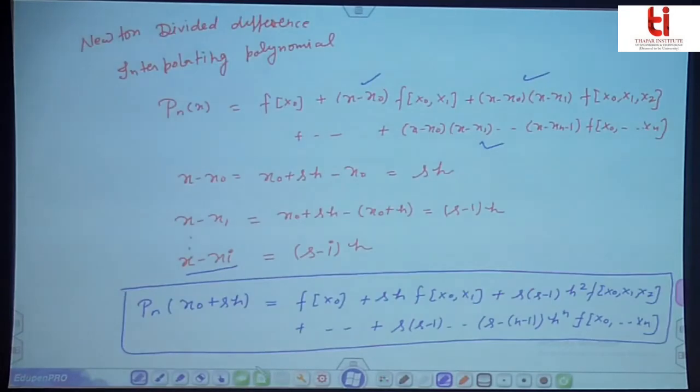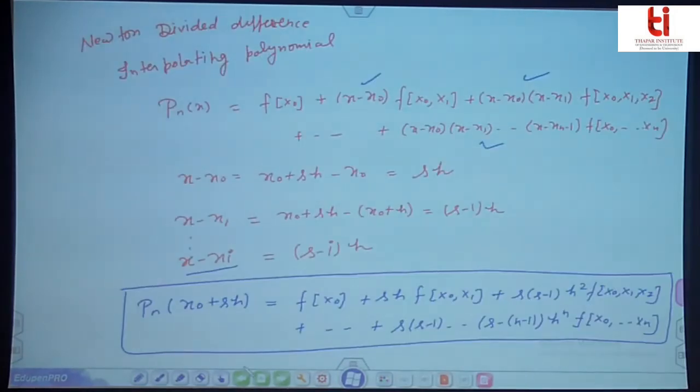Now the Newton forward interpolating polynomial. So this is the formula, and we will just modify it.